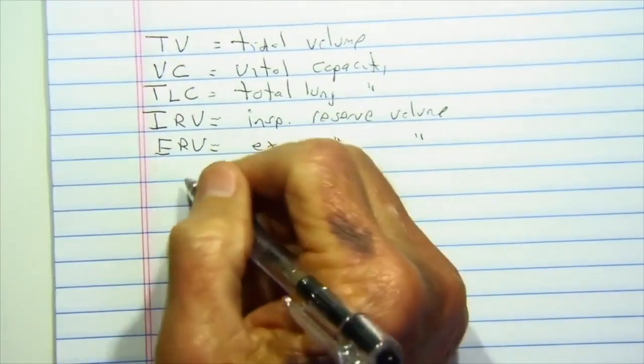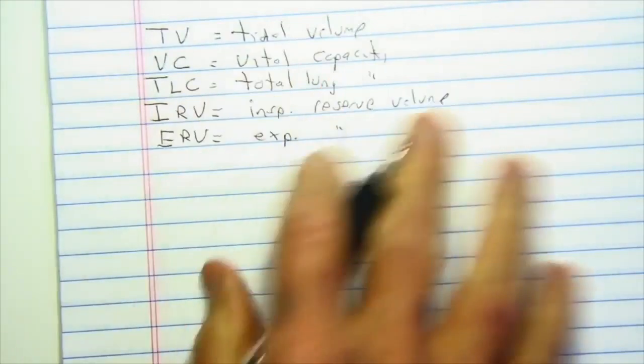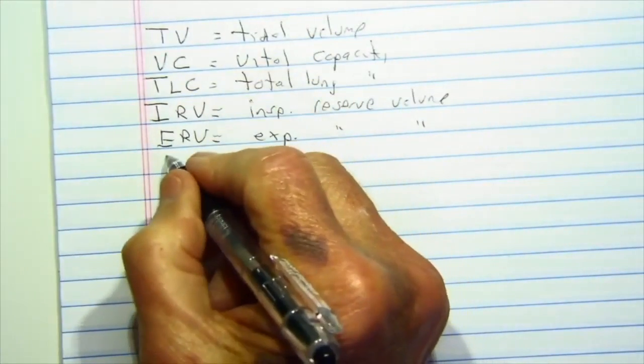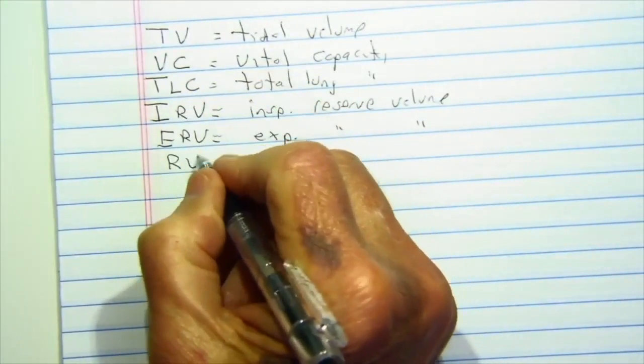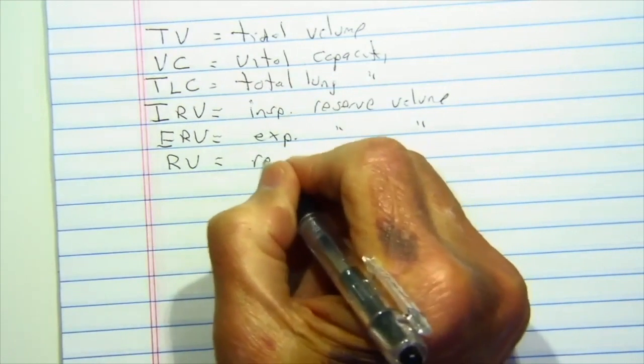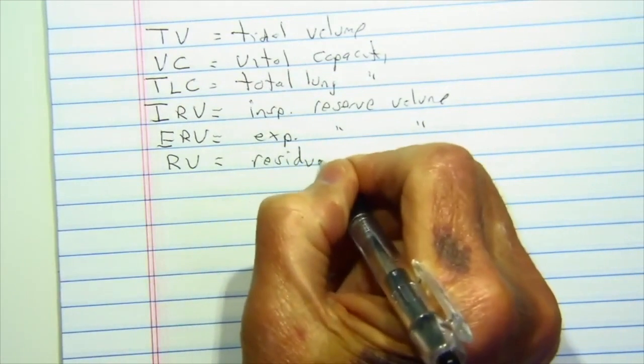And then, if we think of those numbers, we've got some air that really never leaves the lung called an RV, or a residual volume.